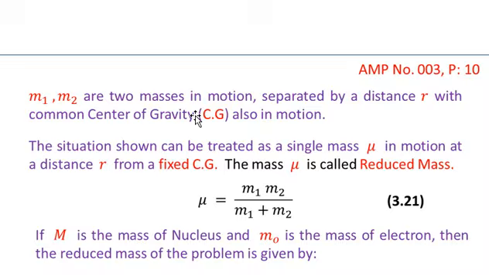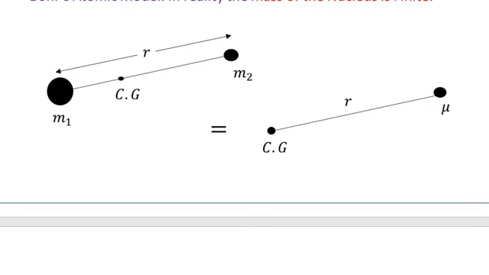M1 and M2 are two masses in motion separated by a distance r with common center of gravity Cg, also the Cg of the motion. The situation shown can be treated as a single mass mu in motion, because we are now representing the single mass in motion, represented by the mass mu, around a fixed center of gravity Cg.